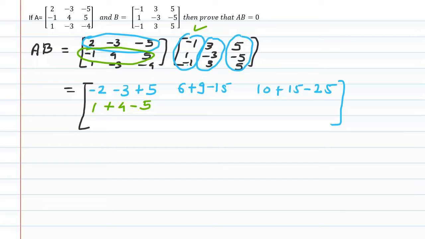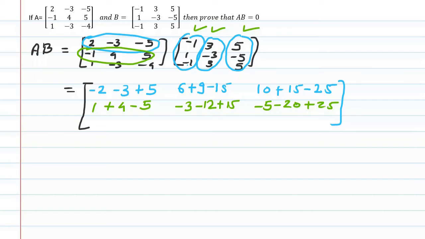Then the second row with the second column: -1 into 3 is -3, 4 into -3 is -12, and 5 into 3 will be 15. Then the second row with the third column: -1 into 5 is -5, 4 into -5 is -20, and 5 into 5 is 25.